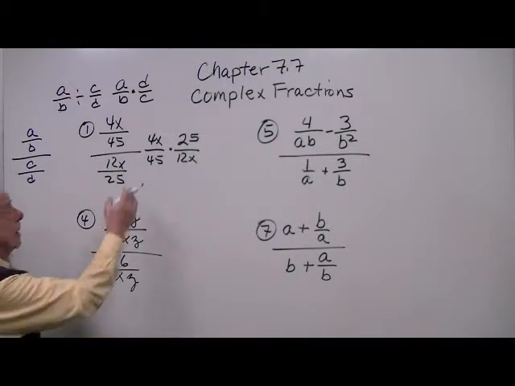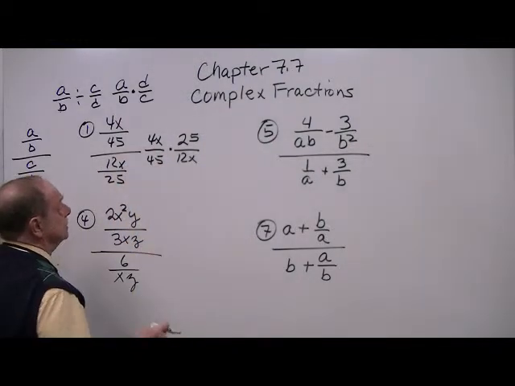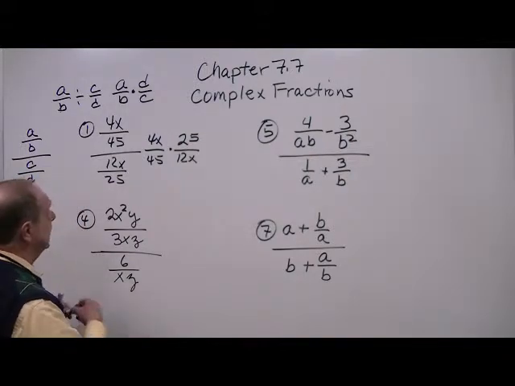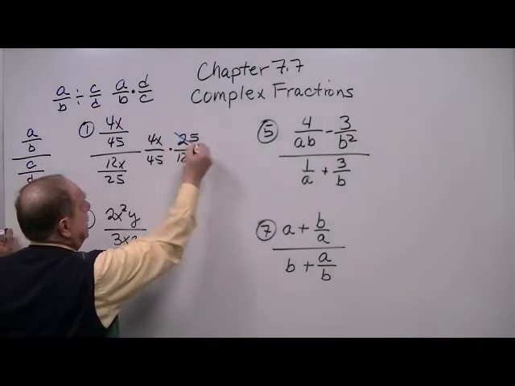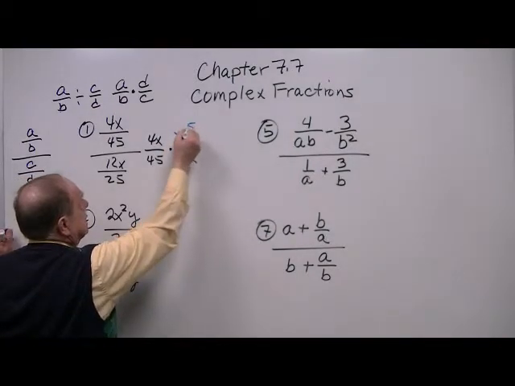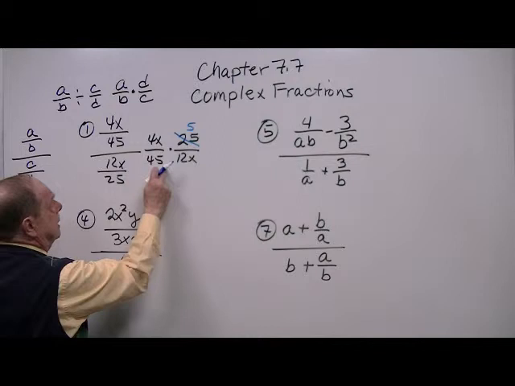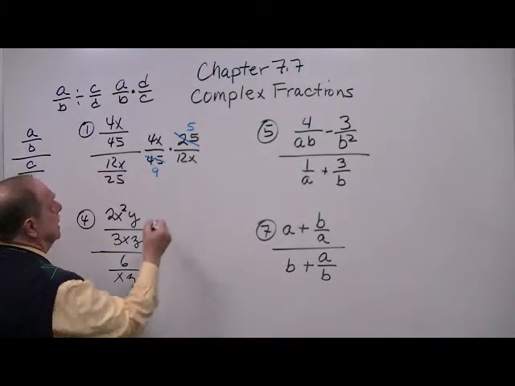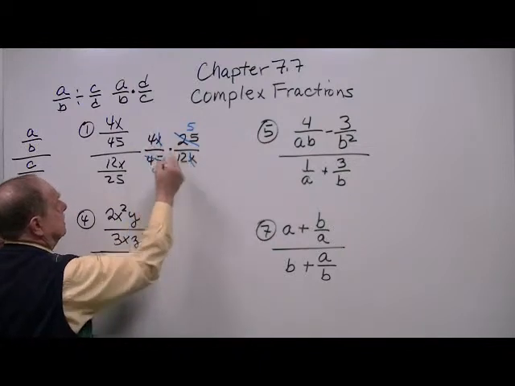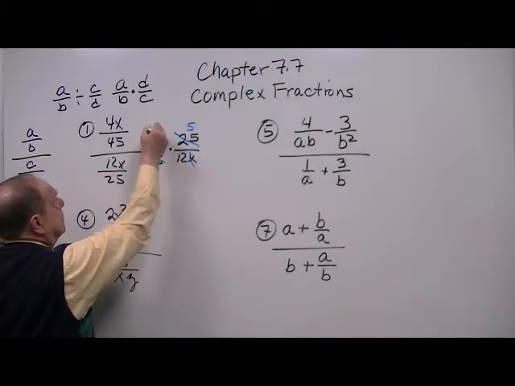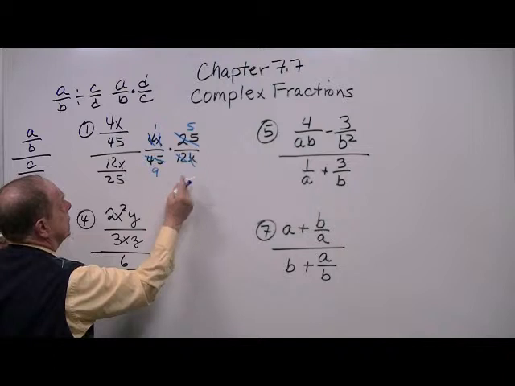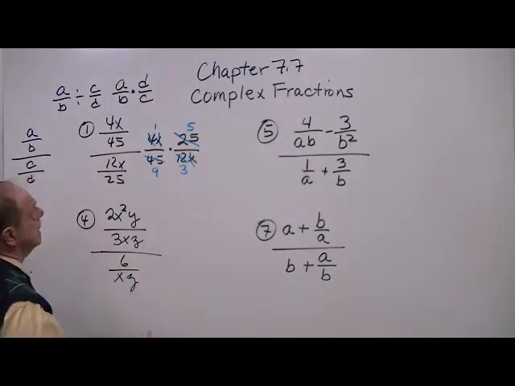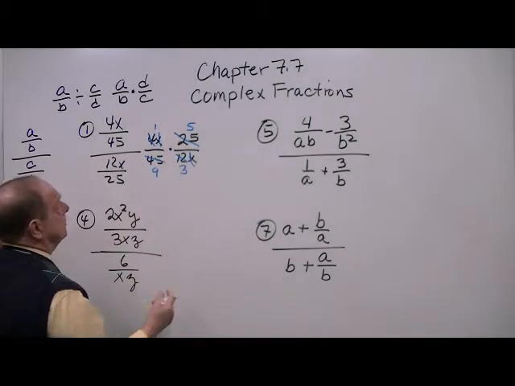So as we do this now, we see we have common factors. 5 will go into 25 5 times. 5 will go into 45 9 times. The x's cancel out. 4 goes into 4 once. 4 goes into 12 3 times. And there's no other common factors.